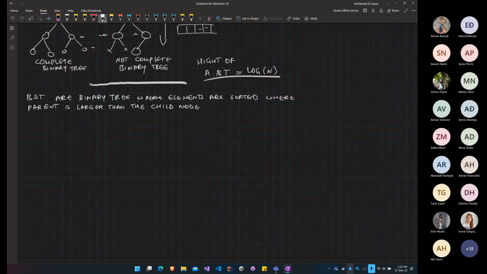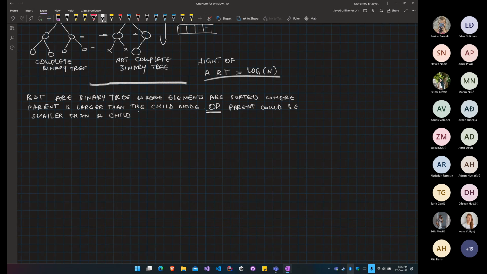Or you could actually reverse it: a parent could be smaller than a child node. So you could have ascending or descending order of sorting.